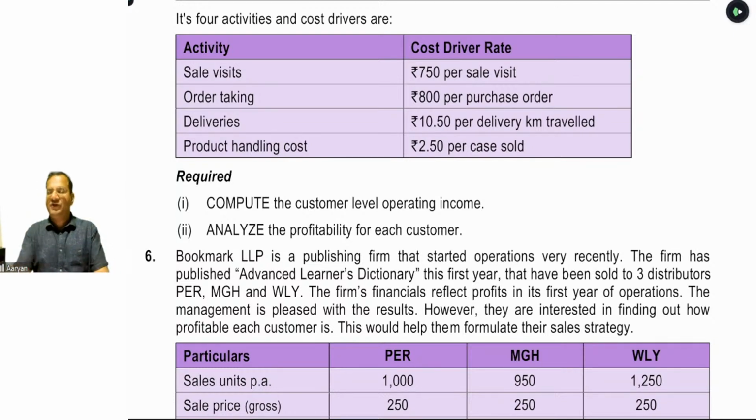Let's take a revision first, beta, and then we will follow with more questions on the customer profitability statement. First of all, the cost is bifurcated into two parts. The first part is direct cost, the second part is indirect cost. Then how to recover the indirect cost? We have two methods.